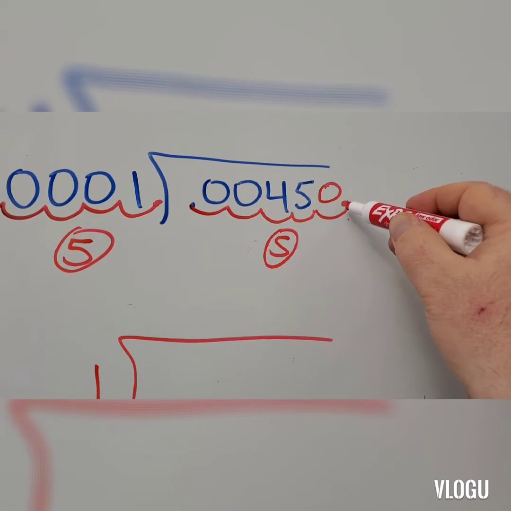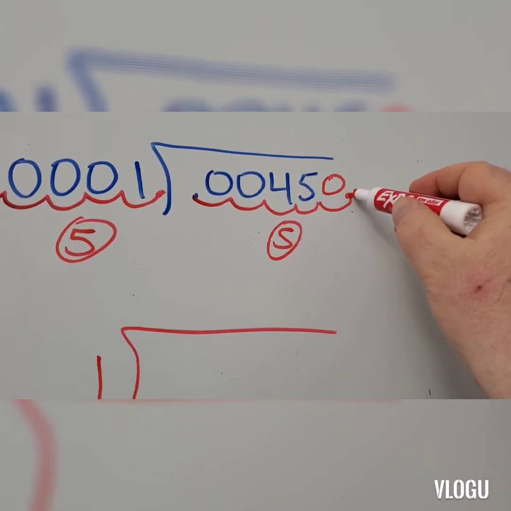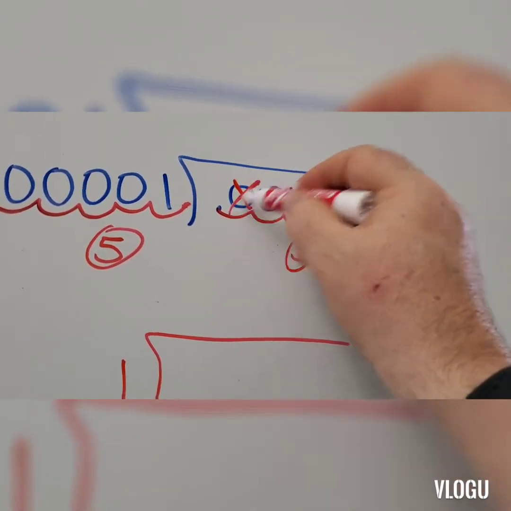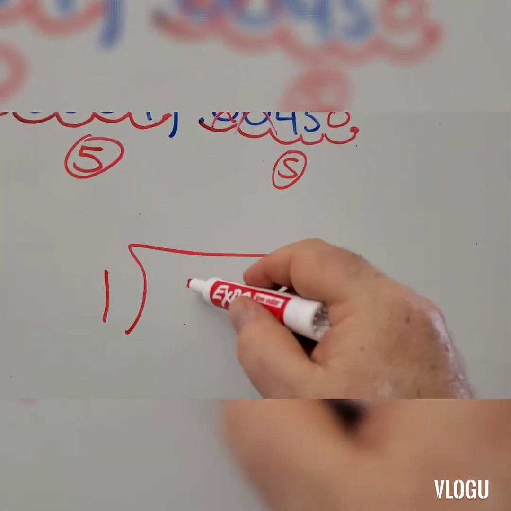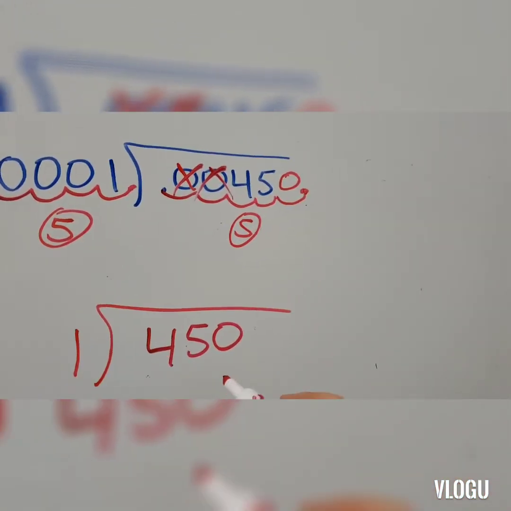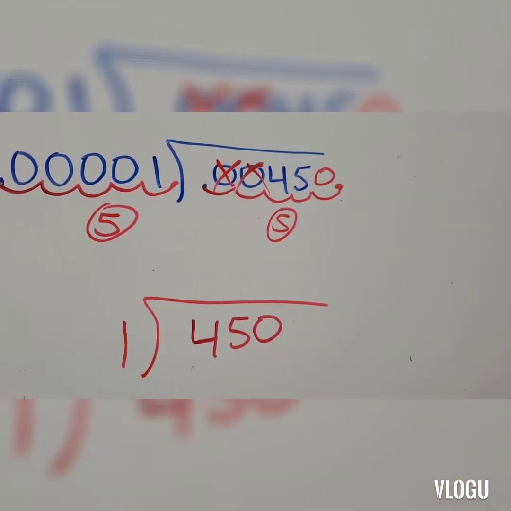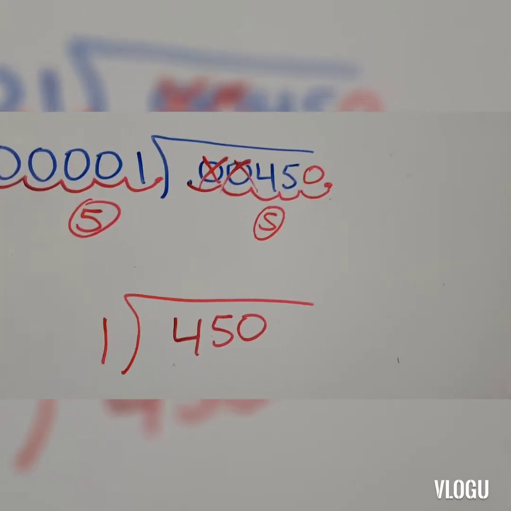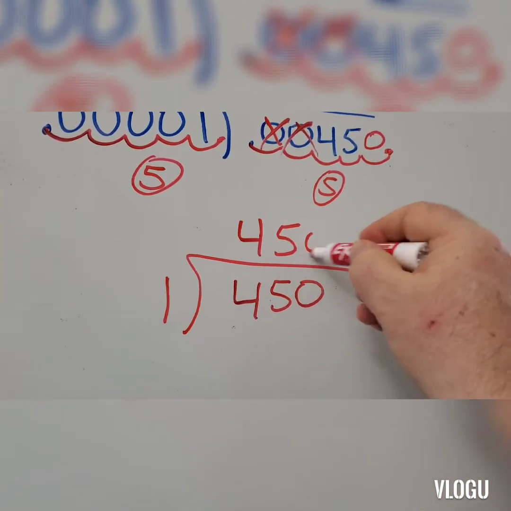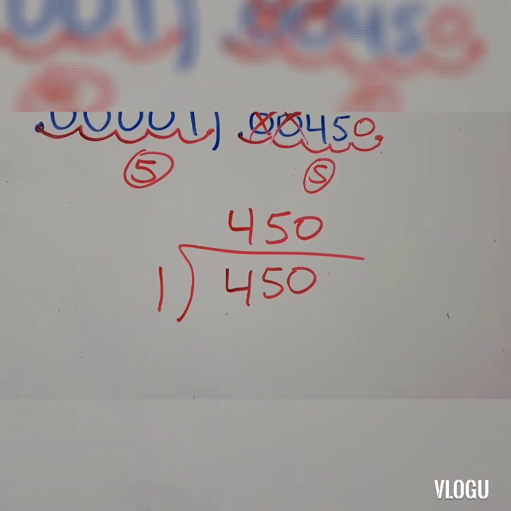This is no longer a decimal number. The decimal is at the end. Because this is not a decimal number, those are no longer necessary, and I have 450 divided by 1. Well, hopefully we already know my answer will be 450.